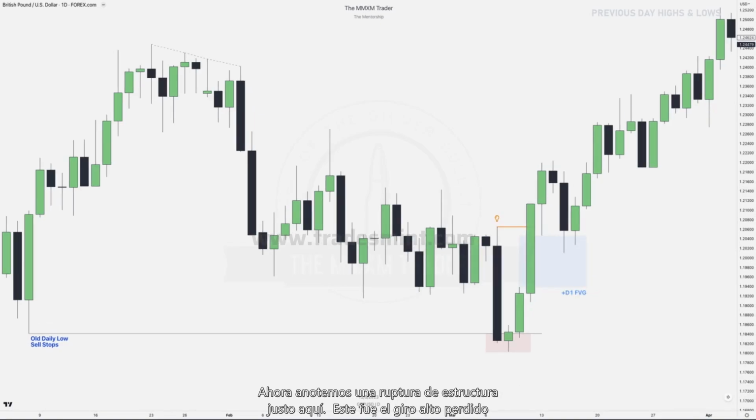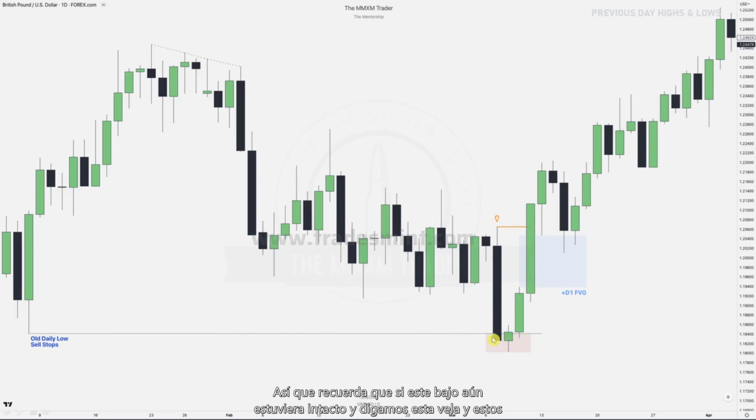Now let's annotate a break of structure, right? Over here this was the last swing high in this down move, and it got taken out by this big bullish candle. Now this is significant because we already took out this old daily low.